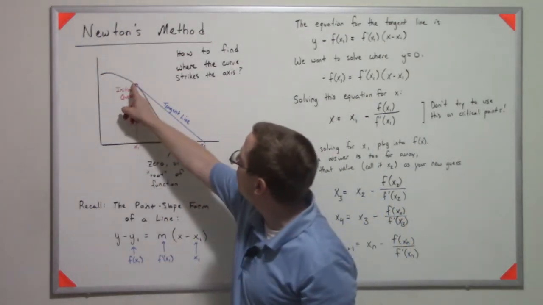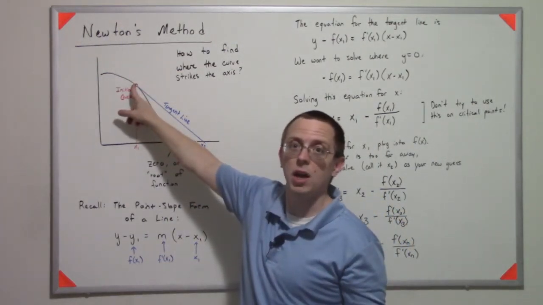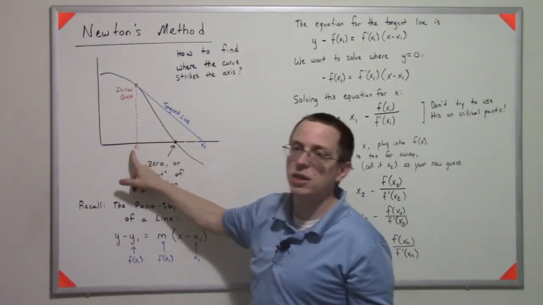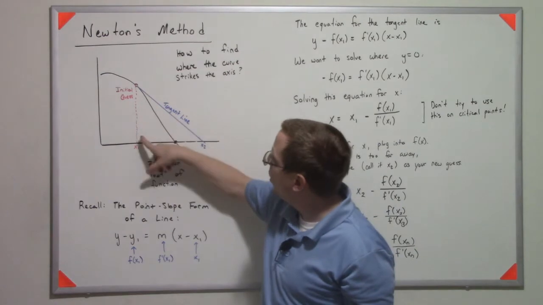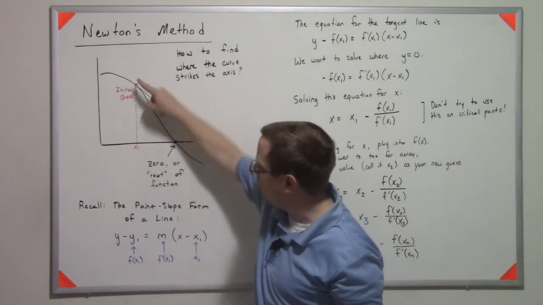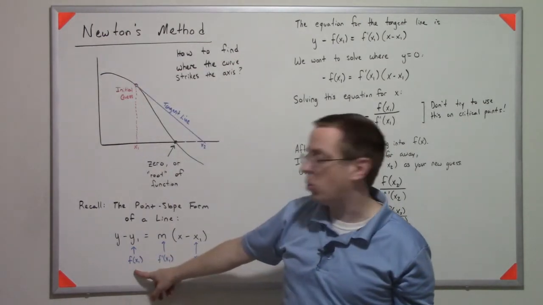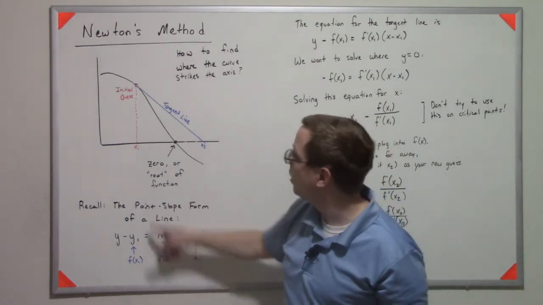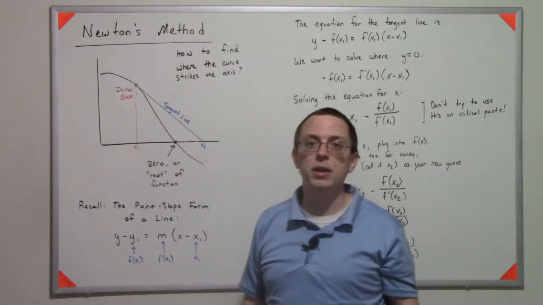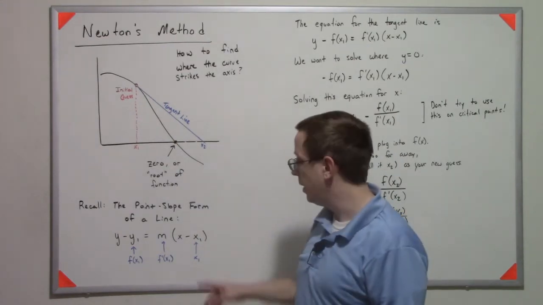So if we pick some x value, we'll call it x1, then we know the y value because that's just the function value at the point. And we can find m because that's the derivative of the function at that point, right? Because that's the slope of the tangent line.